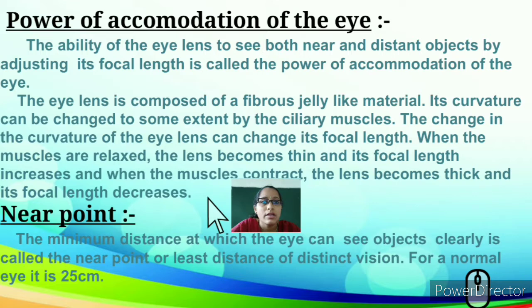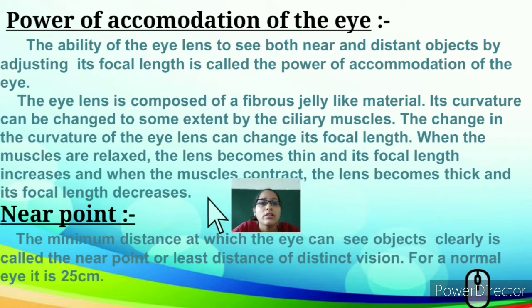Our natural lens is capable of contracting and relaxing and adjusting the focal length for near and far off objects, and it helps us to see near and far off objects without any stress in our eyes.